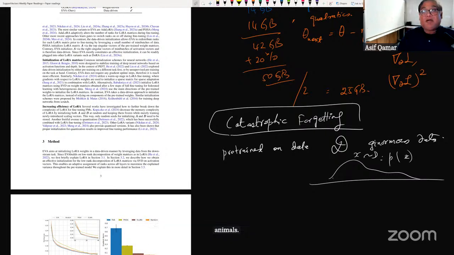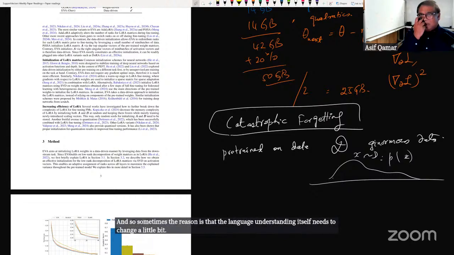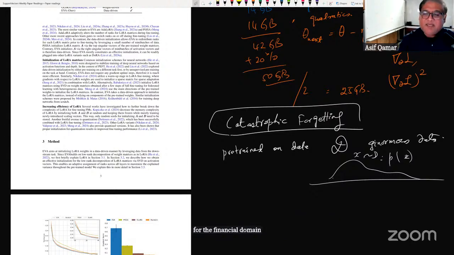But in the financial market, they have altogether different connotations. And so sometimes the language understanding itself needs to change a little bit for the financial domain.